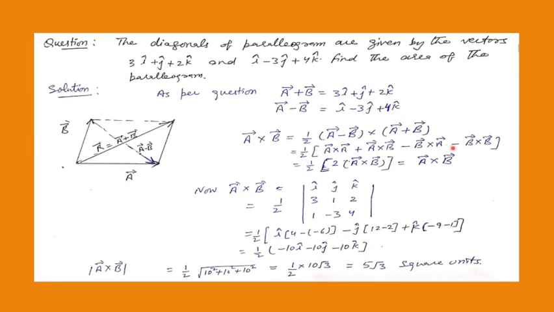These steps I have written simply to prove it, so that you don't get any confusion in your mind. I have proved that a cross b equals half of (a minus b) cross (a plus b). It means if diagonals are given in the question, you need not draw this; you simply use this formula for a cross b. Thank you everyone.